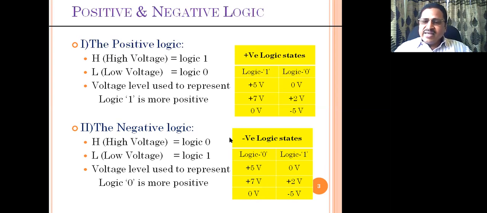What do you find here? In this table, the voltage level used to represent logic 0 is more positive than the voltage level used to represent logic 1. Hence it is a negation or inversion of the previous one, and is called negative logic.